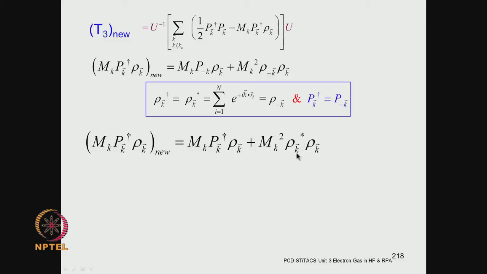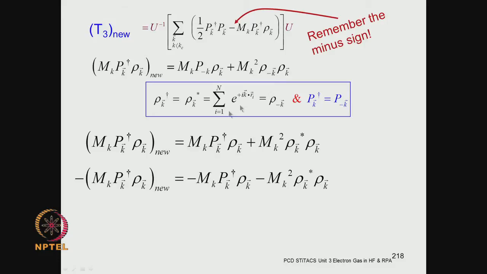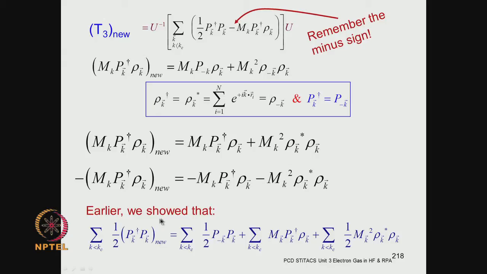So, you have got the Fourier component rho k complex conjugated, and this is rho k. Now, we need the minus sign. So, let us put it here. So, this is the minus sign. So, you get a minus sign behind this and a minus sign behind this. Earlier we have already found this term.